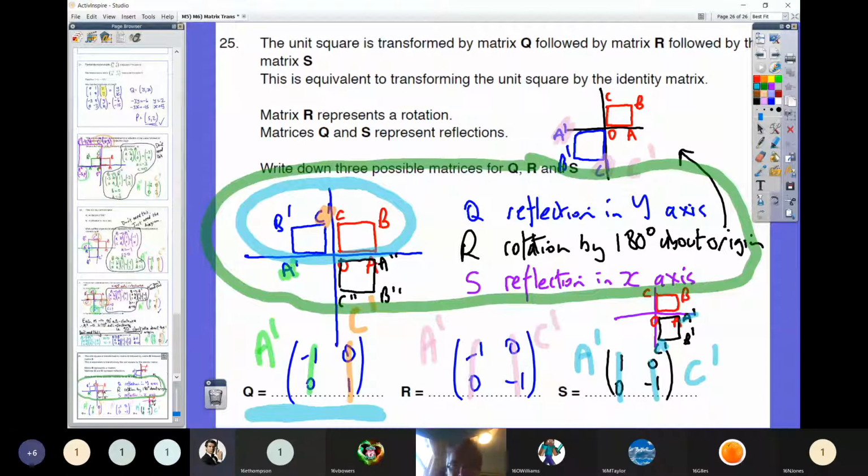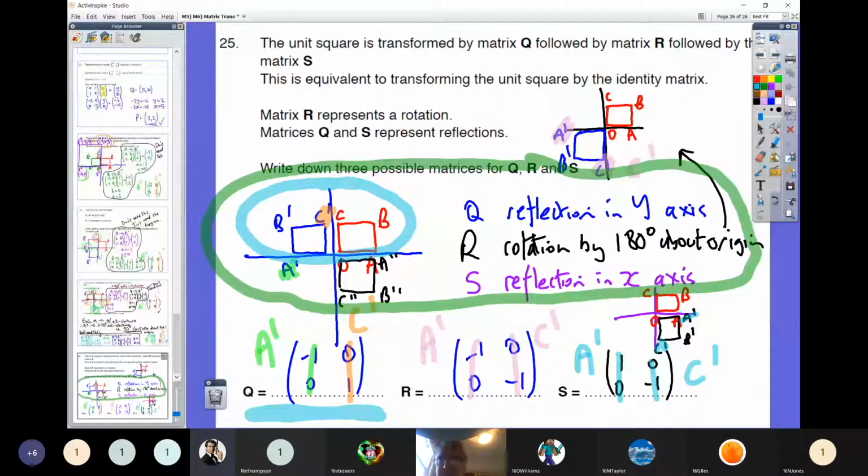Now, for R, this is where I went wrong to start with. Don't do it from B, from the blue one, as your starting point. You need to put down as your answer for R how you would represent a rotation by 180 degrees about the origin from the point of view of it happening to the unit matrix, the red one.